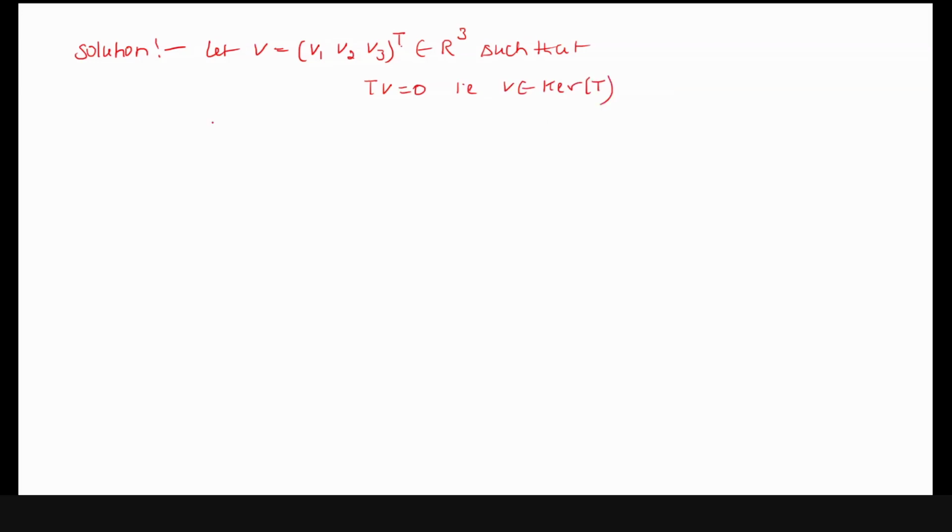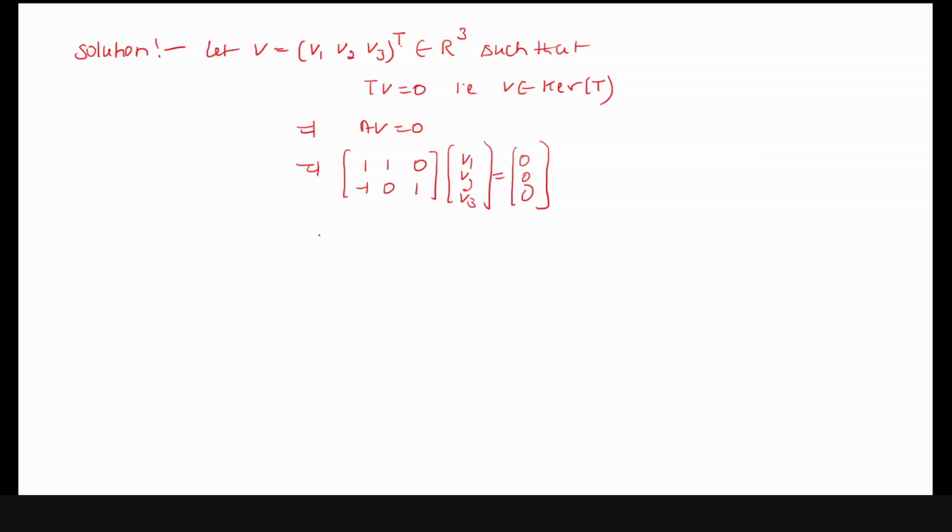Okay, so now you have to find those V such that T of V is equal to 0. That set will constitute the kernel of T. So T of V is equal to 0 implies A of V is equal to 0, where A is [1, 1, 0; minus 1, 0, 1] and V is (V1, V2, V3), equal to the zero vector (0, 0).